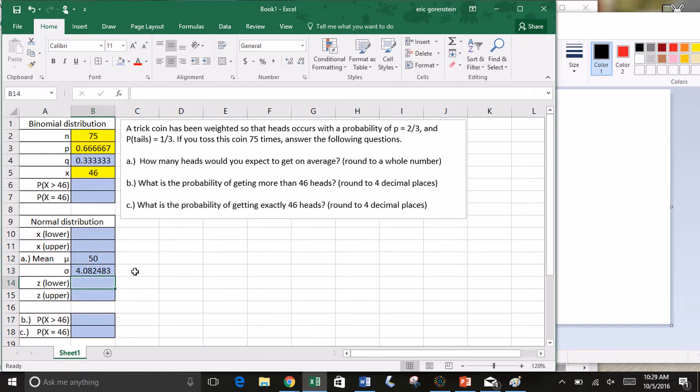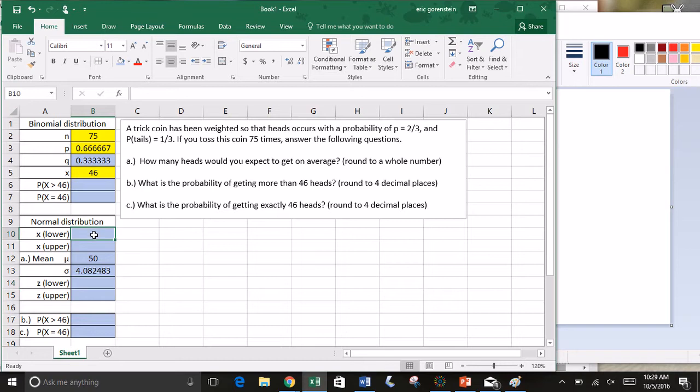Okay, now keep in mind the binomial distribution is a discrete distribution. The normal distribution is continuous. So we're using a continuous distribution to estimate the values of a discrete distribution. So instead of using the number 46, because the probability of x equals 46 exactly is 0 in a continuous distribution, we'll use the upper and lower real limits for the number 46.